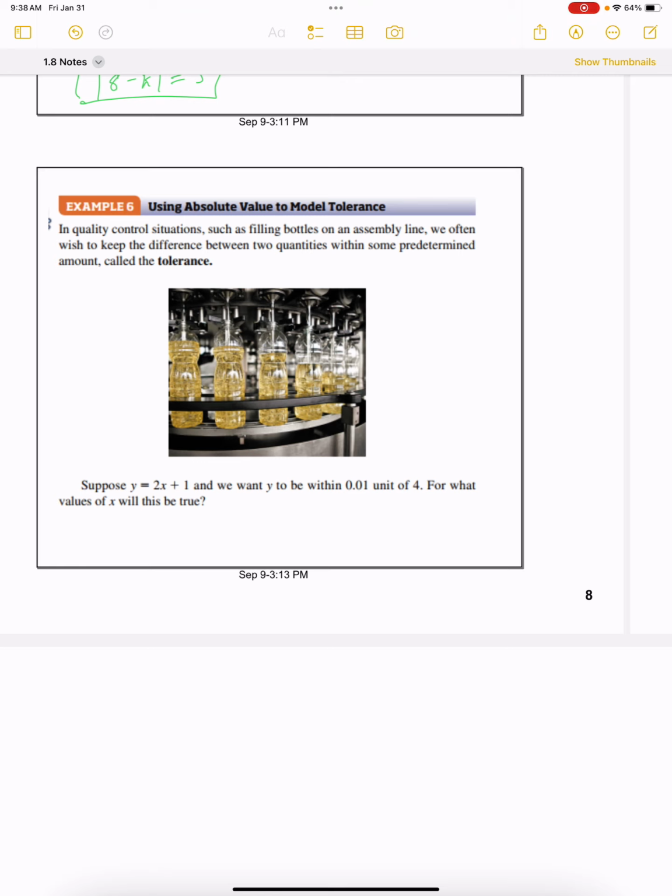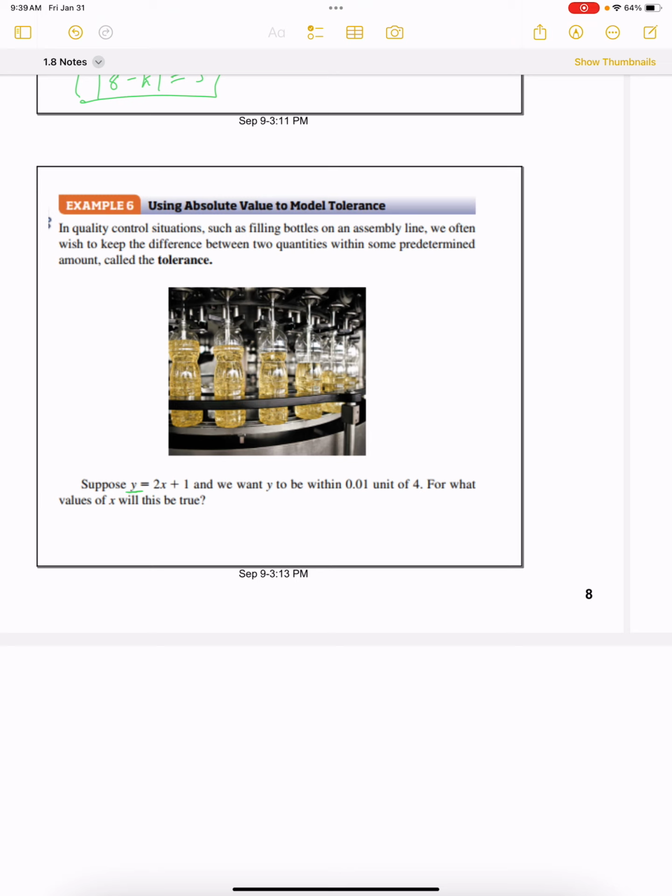All right. So suppose y, we have this, and we want to be within 1/100th of a unit of 4. So I'm thinking about the distance between y and 4 has to be, if it's within, it has to be less than, right?